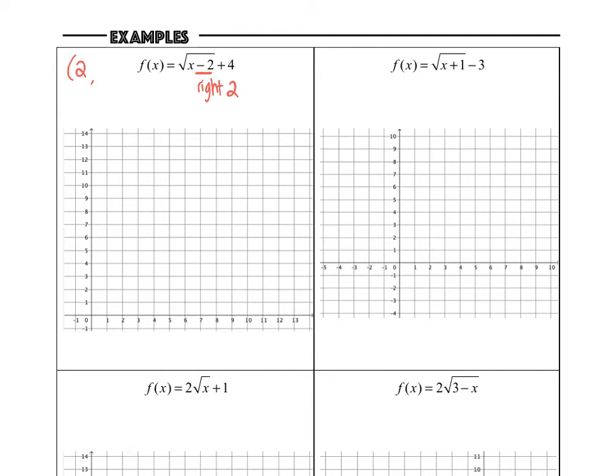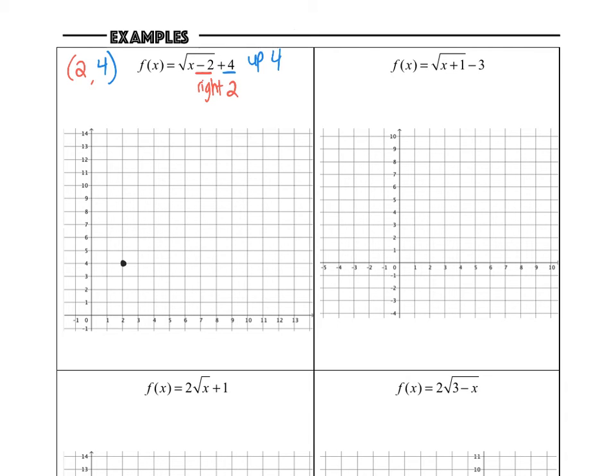Then this number on the outside, this +4, remember, tells us whether we move up or down. Since it's +4, I'm going to move up 4. So from the origin, I'm going to plot my first point at 2, 4, and that's where I'm going to start my graph. You start at 2, 4, and that's where you start your square root graph, and you do your pattern.